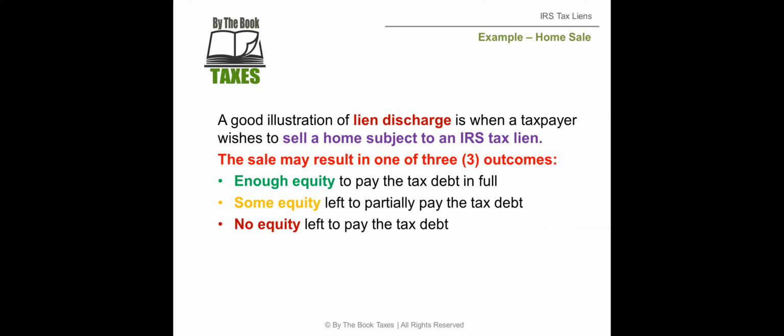That's the best case scenario. The next is you won't be able to pay it in full, but you will be able to pay some or most of it off. The third is, your mortgage is underwater, it's a short sale, whatever, and there'll be no equity left to pay the debt.